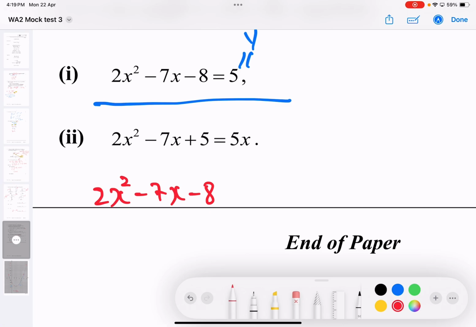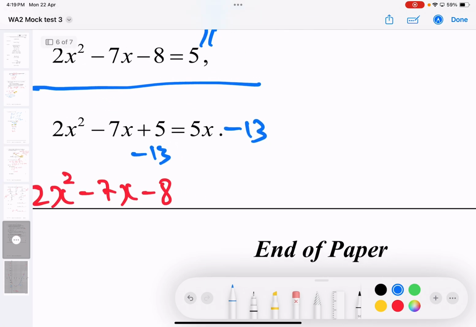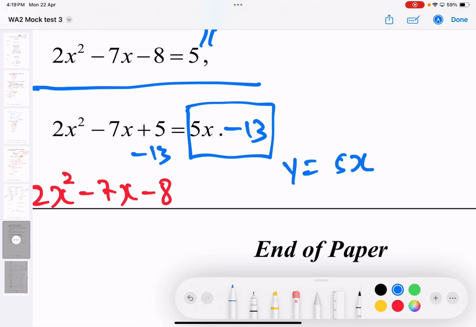Minus 13. Yeah, so I have to minus 13. If I minus 13 there, I also must minus 13 on the other side. So actually all I need to do is to draw out this graph of y equals 5x minus 13.